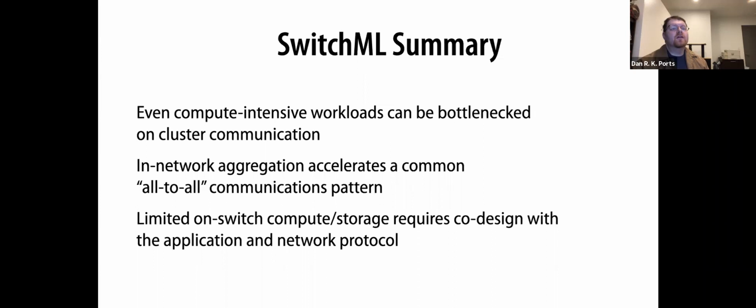The streaming aggregation, the slots, that doesn't really have an impact on convergence. We're doing the same computation you would anyway. The part that could potentially have an impact on convergence, although we haven't seen this happen in practice, is that we're doing a fixed point computation. We're doing fixed point math rather than floating point math.